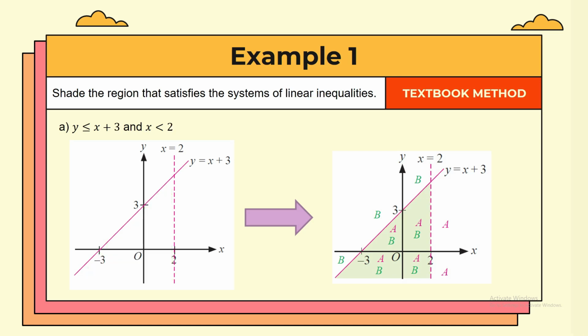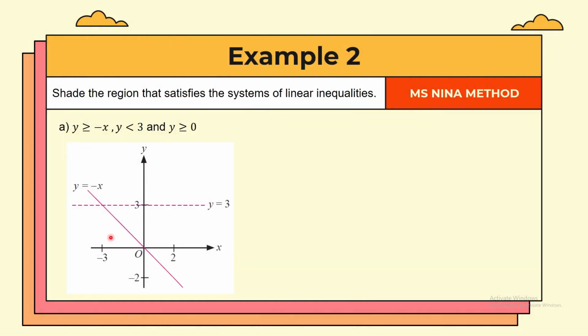Okay, next is my own method, Miss Nina's method. My method is you don't need to label. You just need to shade, and then you determine which one is the common shade. For the first linear inequality, I will be using a red pen.